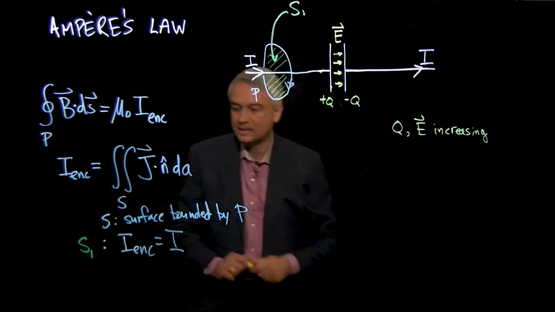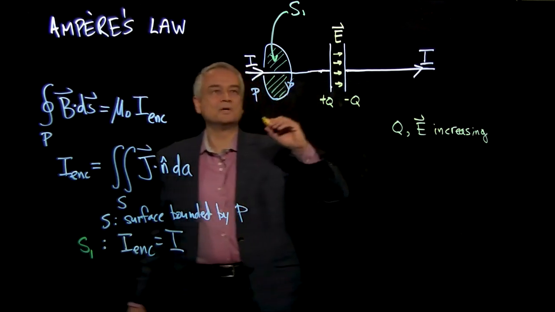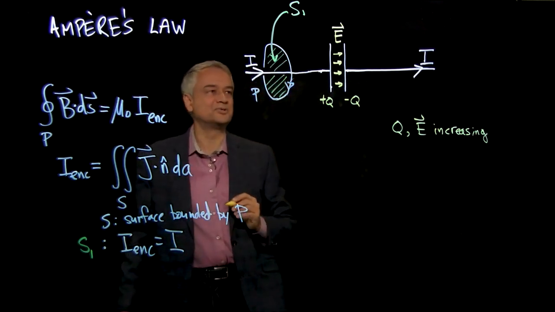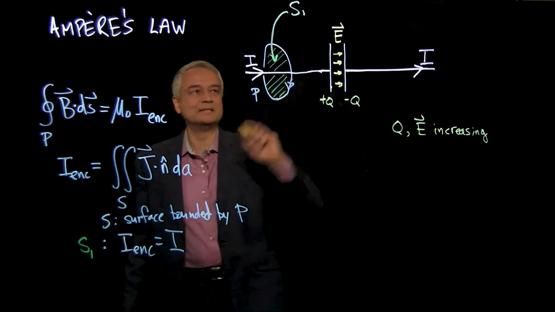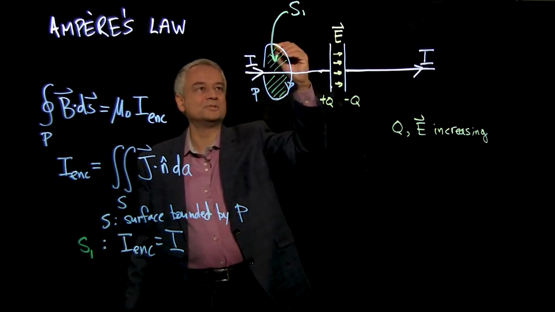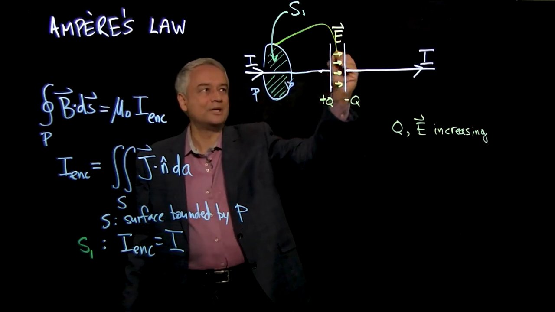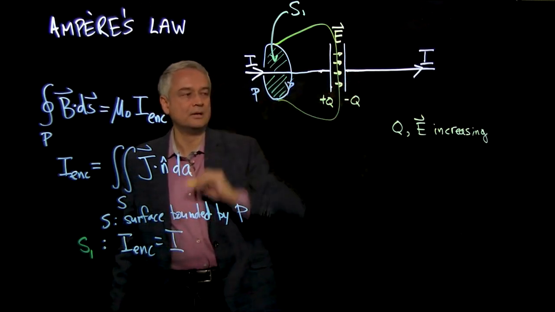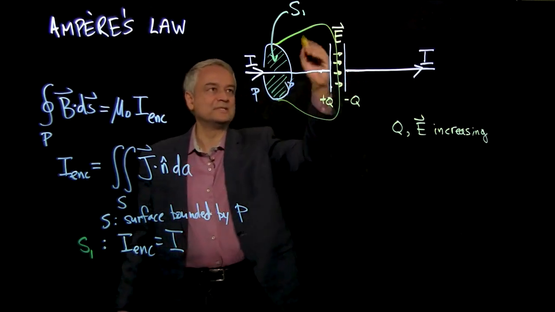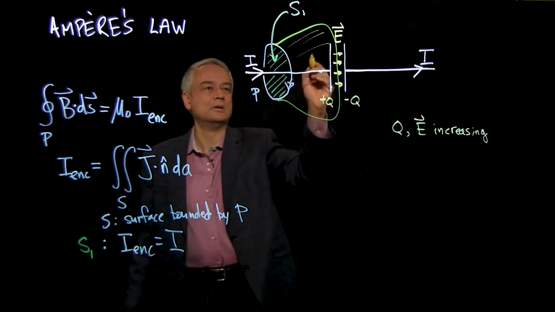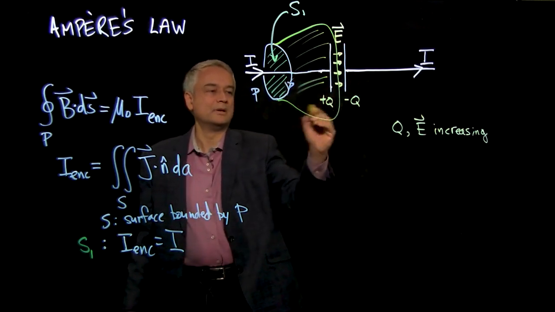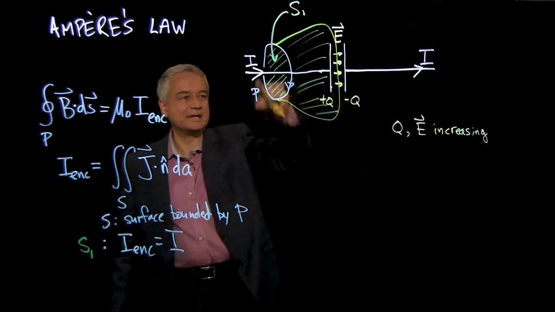But I can be perverse and choose a different surface, also bounded by the same path P. If I choose this sort of bag-shaped surface here, so this is a surface S2 that does not just make a disk here.